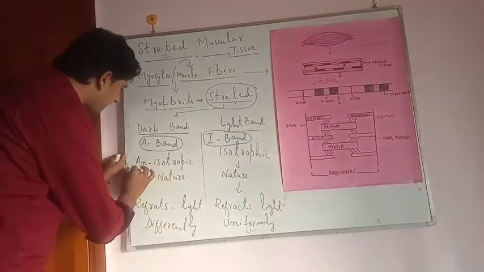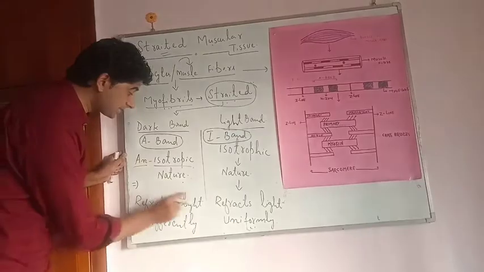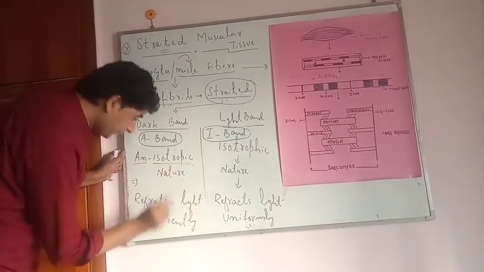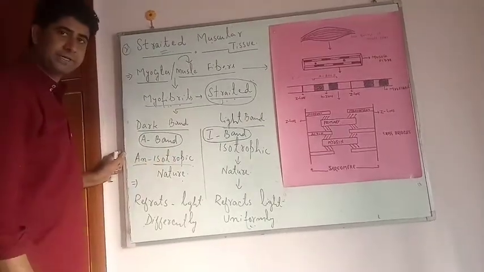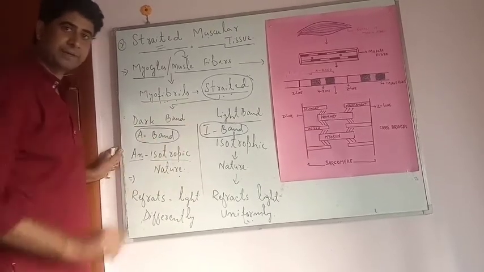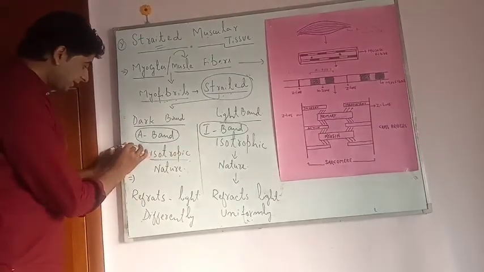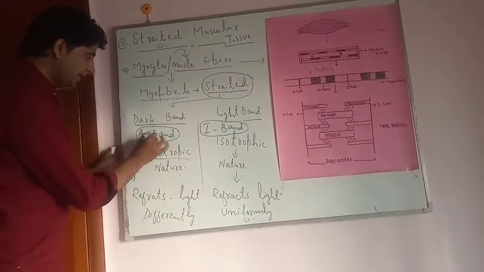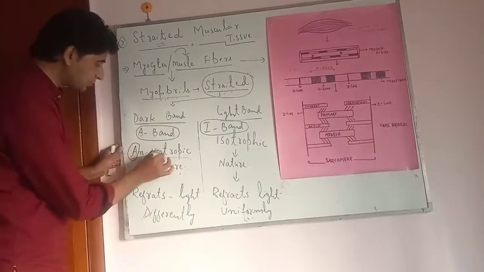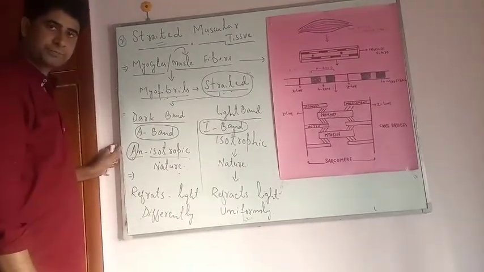Means it is anisotropic in nature. That means यहाँ पे refraction होती है, but differently. That means it is anisotropic in nature. So that is why इसको हम कह सकते हैं A band, because it is anisotropic in nature. This dark band is anisotropic in nature.